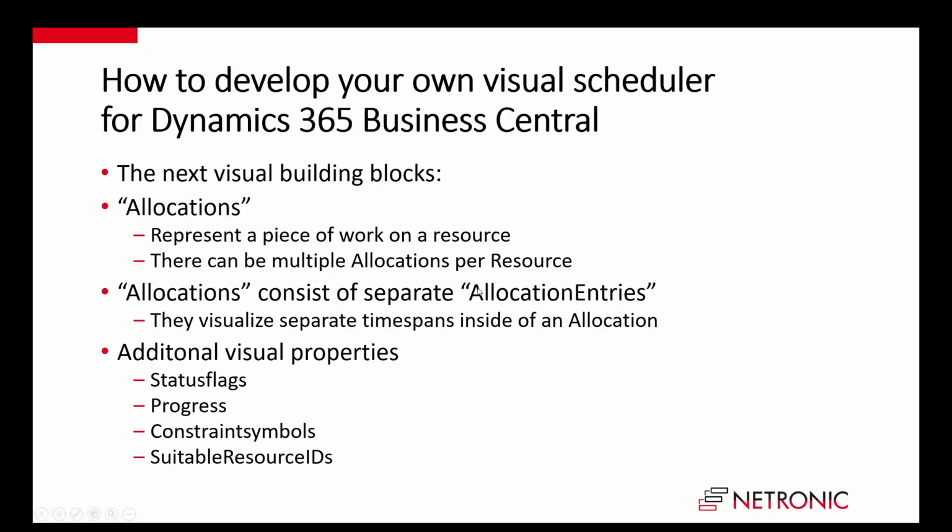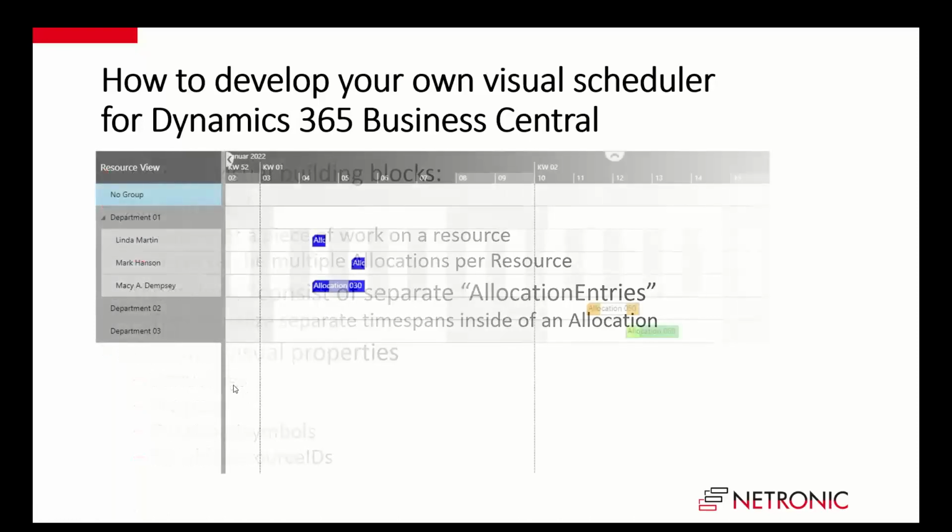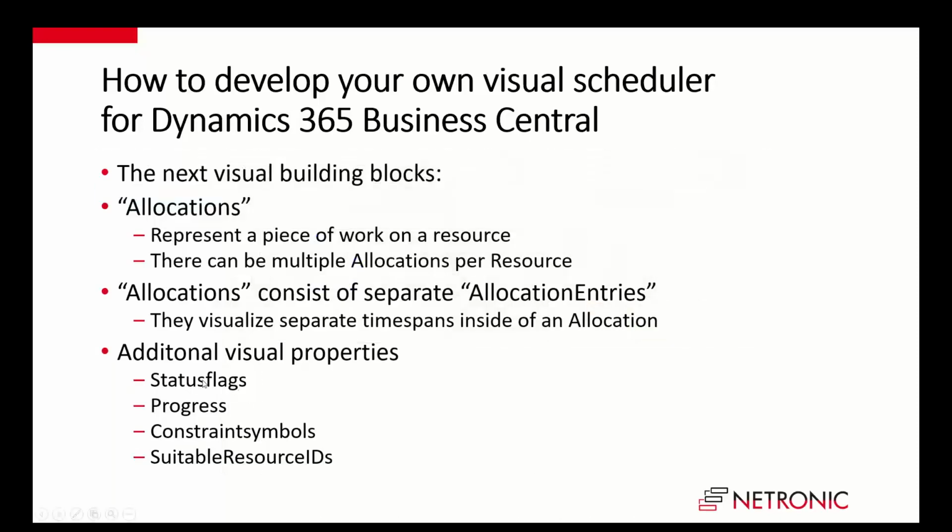So they consist of separate allocation entries. They visualize separate time spans inside of an allocation. And similar to the activities, you have the possibility to set these status flags, these rectangles or circles on a bar.